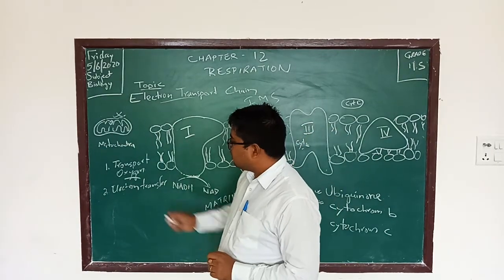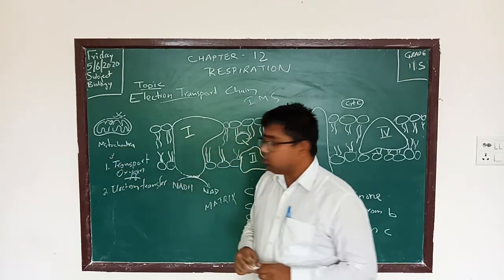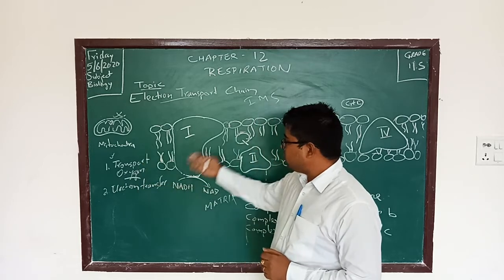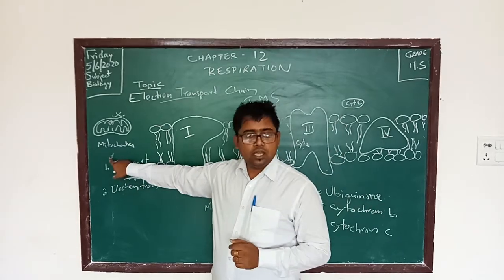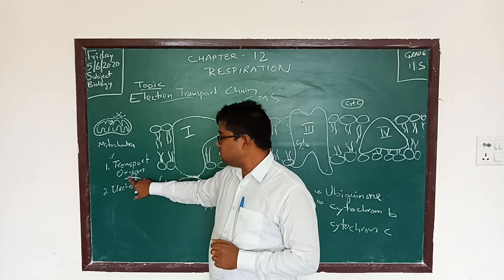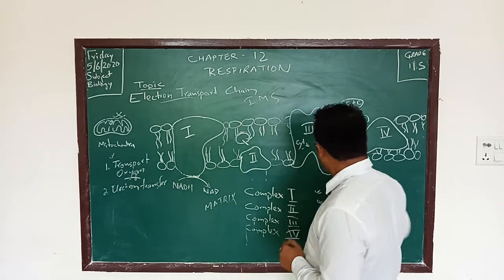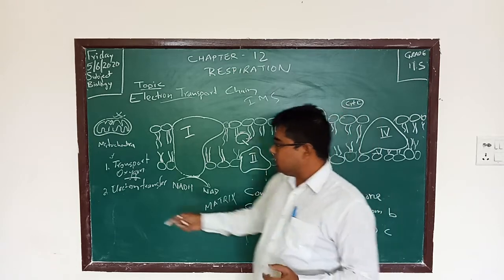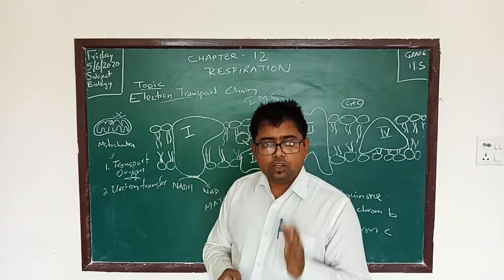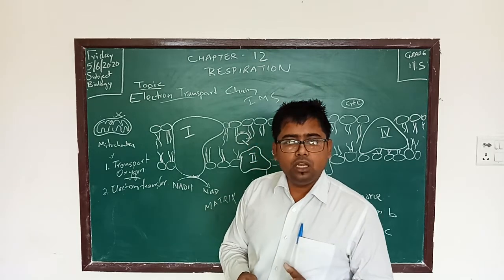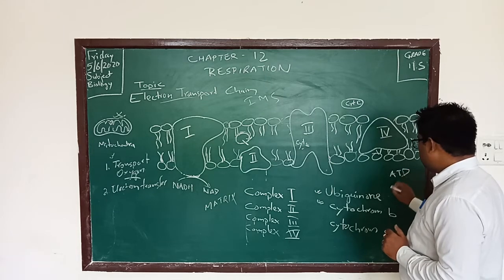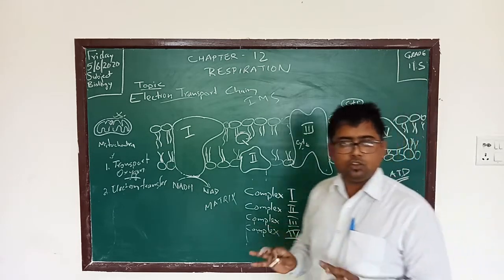We also need to see why this electron has to move. It has to donate to oxygen. So the oxygen has to be donated at this end, and at the same time, electron transfer has to take place. The electron transfer helps in the building of ATP.